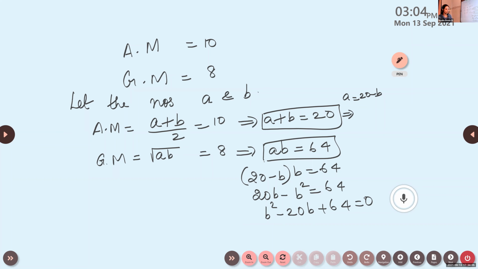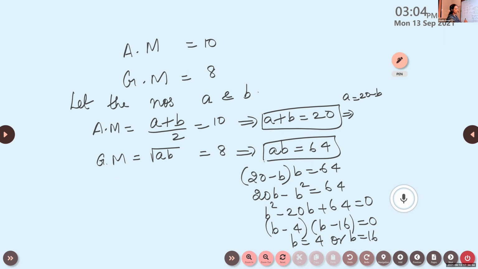Product is 64, sum is 20. Can you guess the answer? Product is positive 64 and sum is negative 20. So we can write this as B minus 4 into B minus 16 equals 0. Is it correct? So we get B is equal to 4 or B is equal to 16.